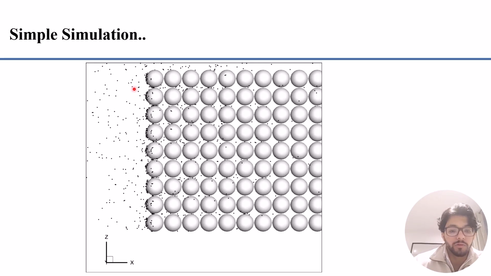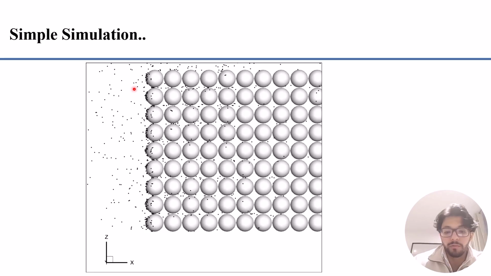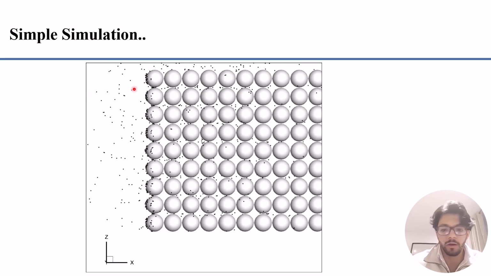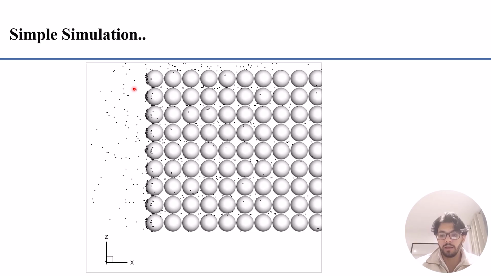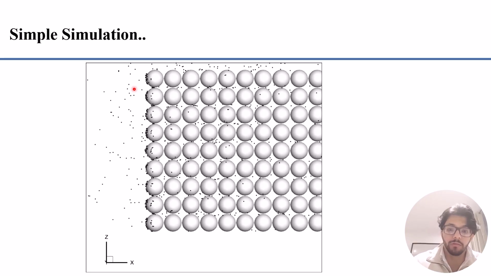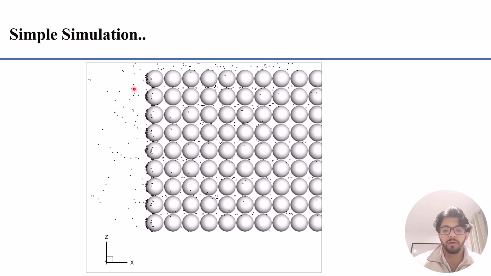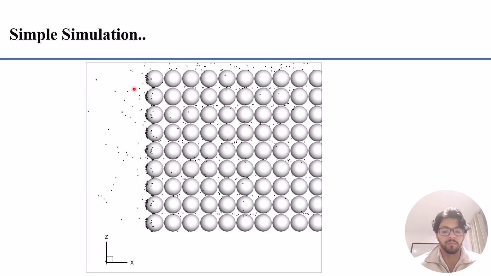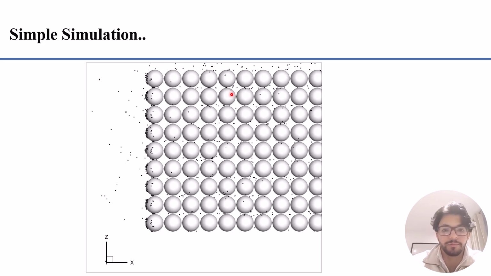So this approach is really promising to simulate microplastic transport in porous media. However, modeling alone won't be enough. For that, we will be doing some experiments in the lab, and that will be the last part of this video. So stay tuned. Thank you.